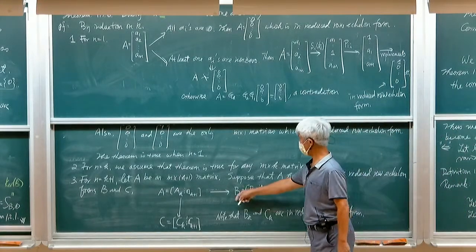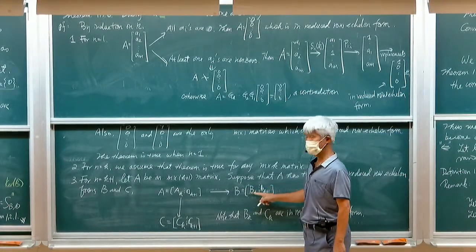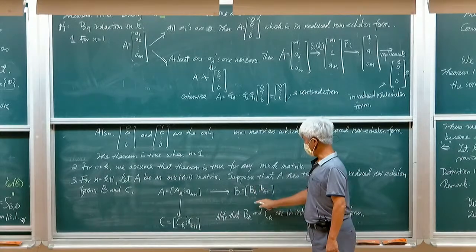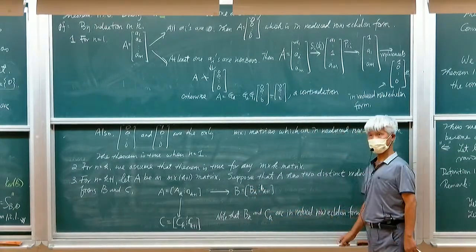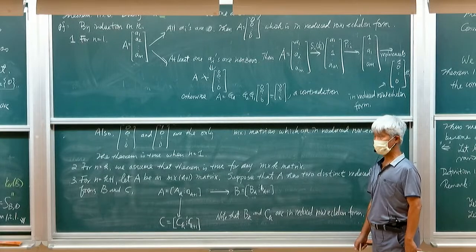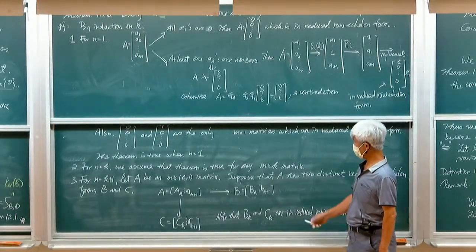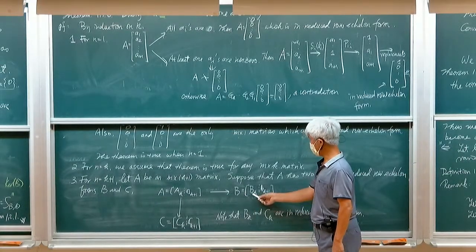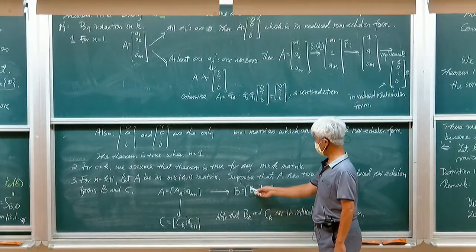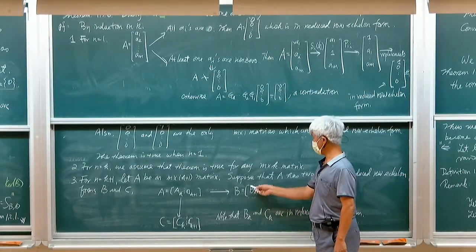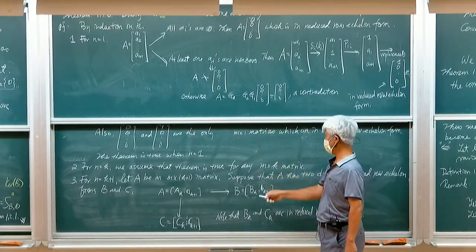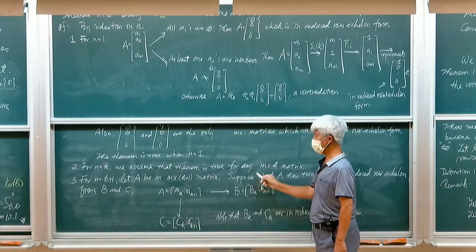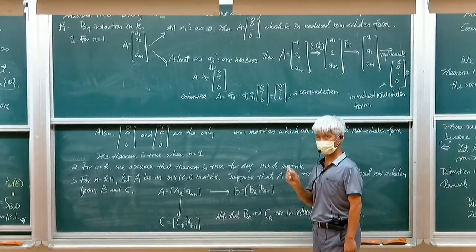Because the whole matrix is in reduced row echelon form, the submatrix of the first k columns is also in reduced row echelon form. Either the all-zero rows are at the bottom, and if a row has a pivot, because it's in echelon form, this is also in echelon form, and all the entries above the pivot have been eliminated to zeros.